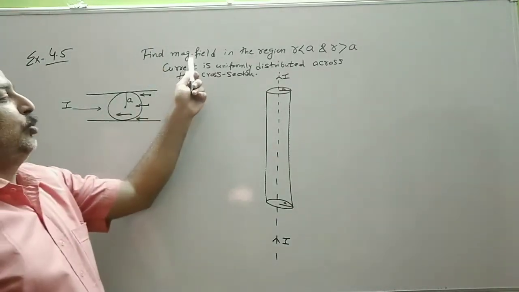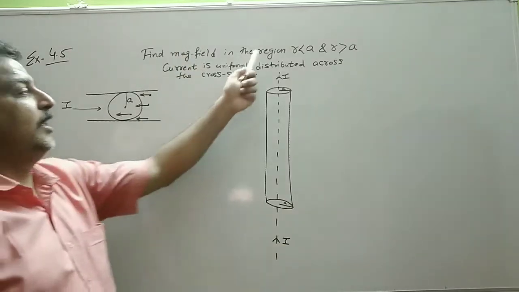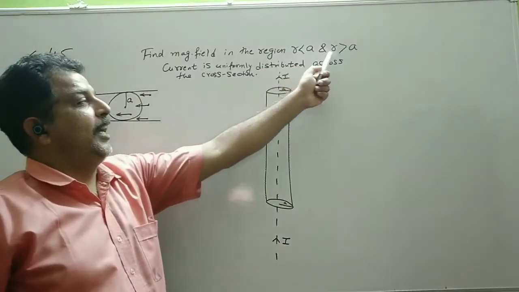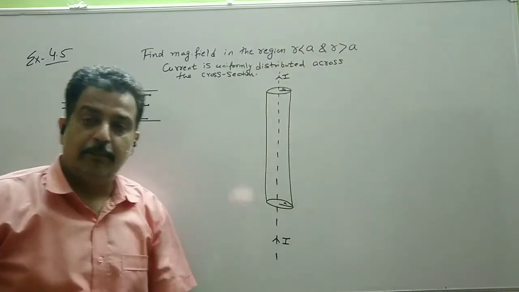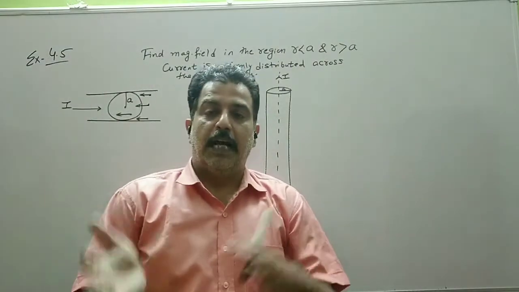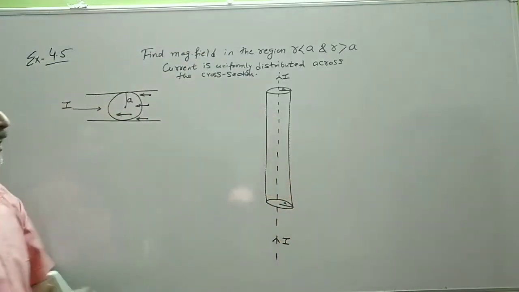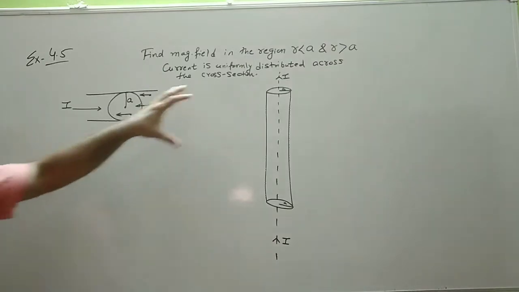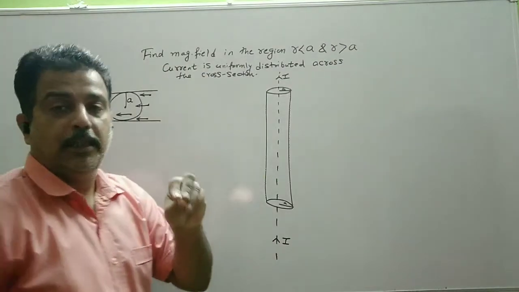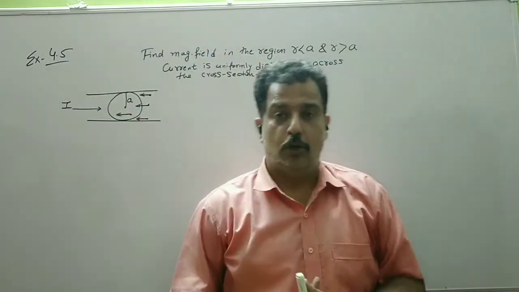Now you have to find out the magnetic field in the region r less than A and r greater than A. Means one point is outside the wire and another point is inside the wire. So there are two cases and we have to apply the Ampere circuital law.